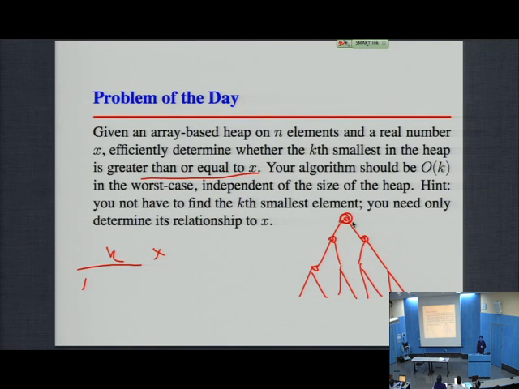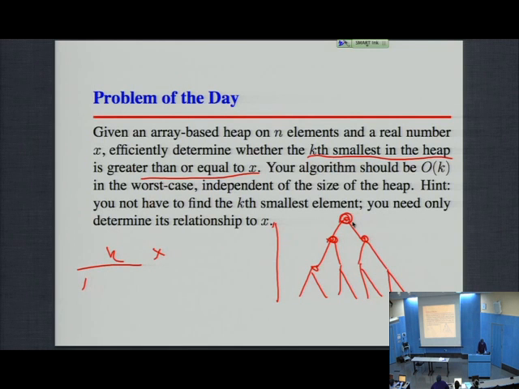If we look at this node and find that it is greater than x, the question of whether the kth smallest element in the heap is less than or equal to x is really a question of whether there are k smaller elements than x. Does everybody see that? So let's count the number of elements that are less than x. That was the idea. If we looked at the first k levels, that was the idea, but let's see if we can be cleverer and know when to stop looking.